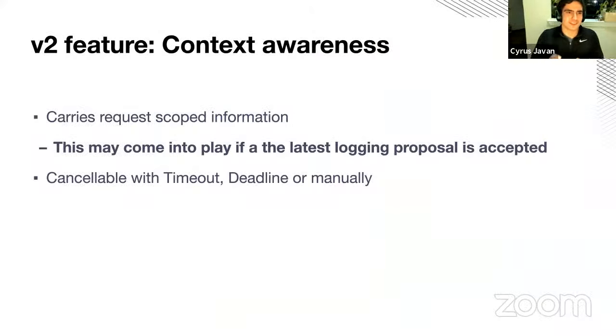So the key concepts of context awareness are that it carries request-scoped information, and it's cancelable through timeouts, deadlines, or manually calling the function. And also, a cool look into the future: if you look on the Terraform SDK repo, you'll see a proposal currently out for how we can improve logging using this context. The current state of logging in Terraform is that logs from all levels, from Terraform core to your provider to your HTTP library, are all mushed into a single stream.